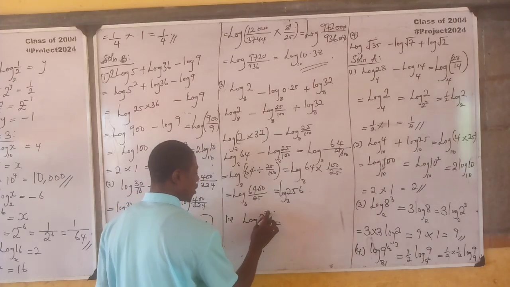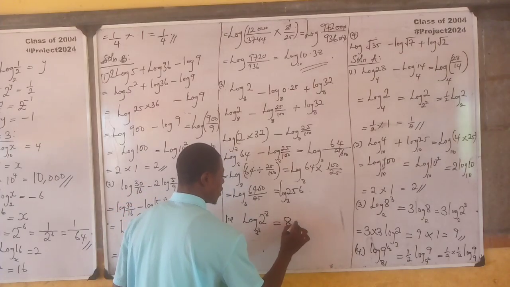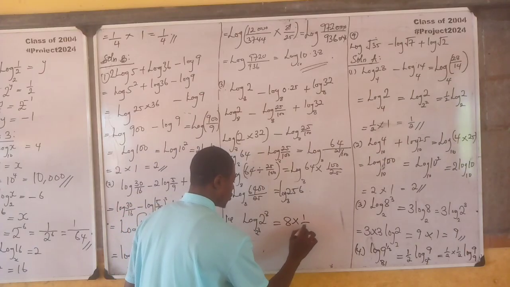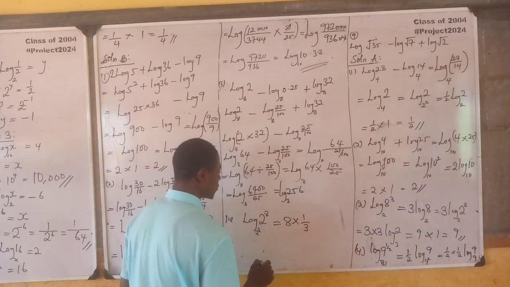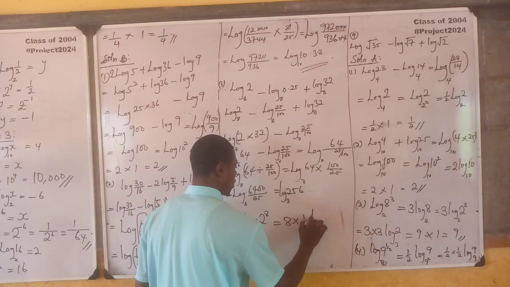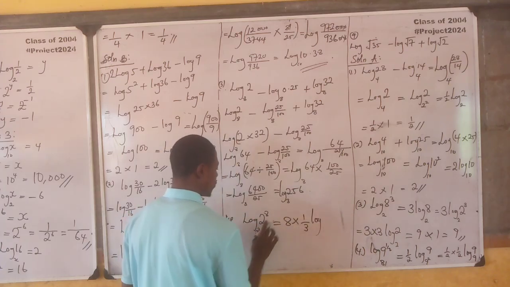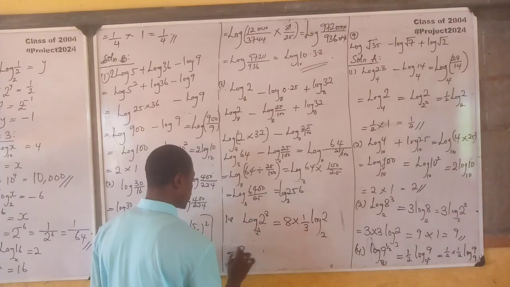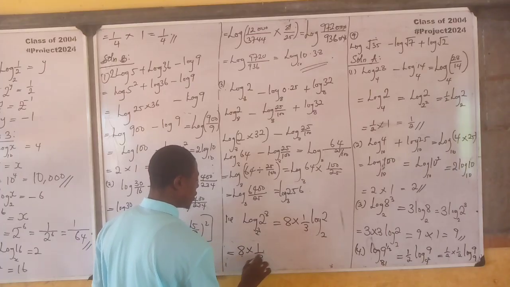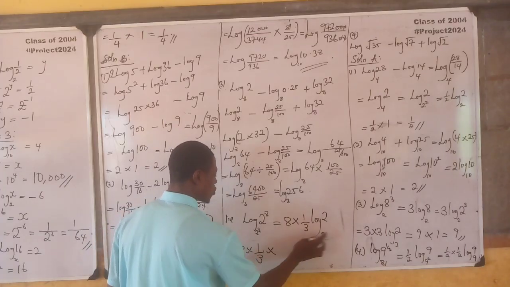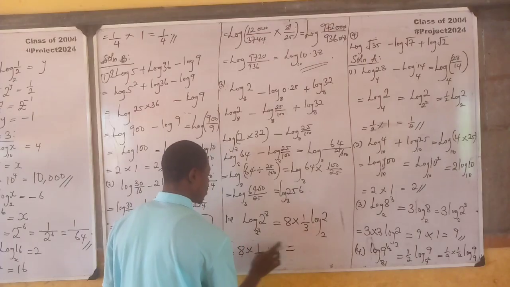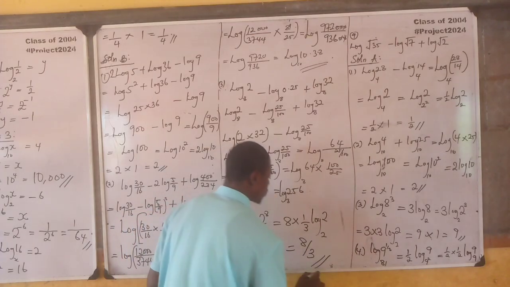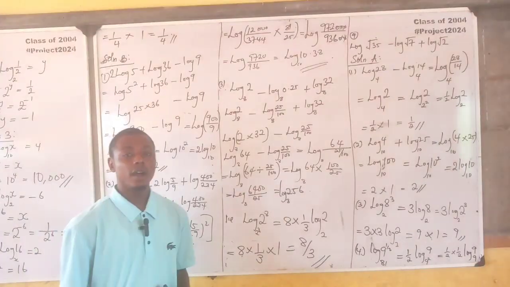So you take the power of the base behind, and remember, it becomes 1 over 3 times log of 2 to base 2. So this is 8 times 1 over 3 multiplied by log of 2 to base 2, which is 1. So 8 times 1 times 1 is 8 all over 3. So this is going to be our final answer.